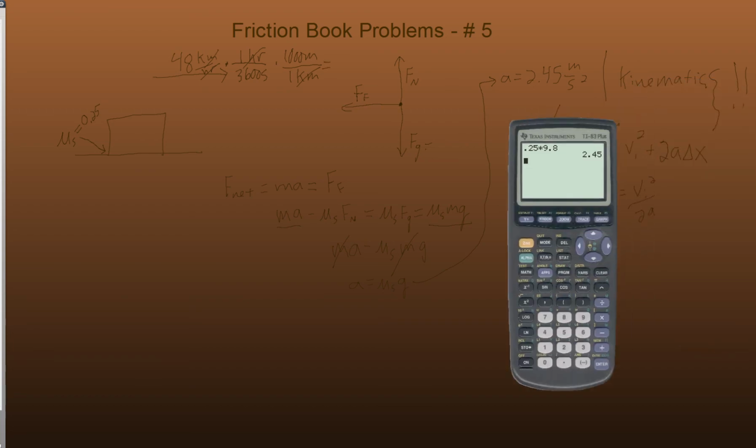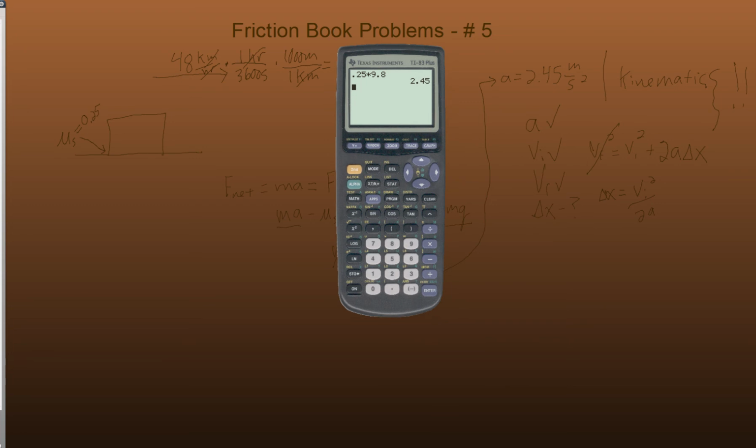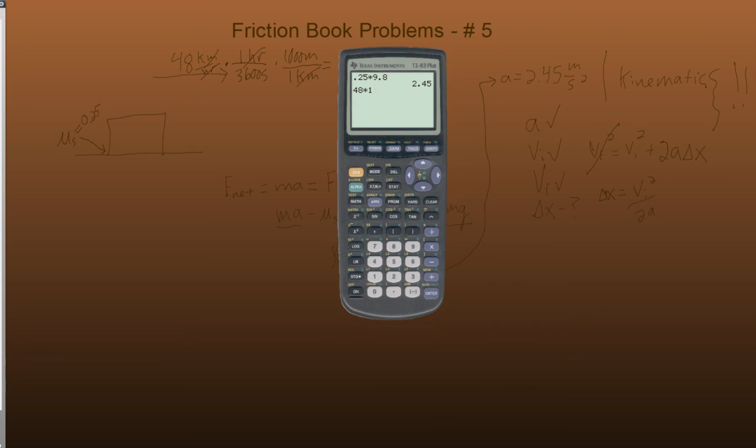Bring over our good old trusty calculator. 48 times 1,000 divided by 3,600 equals 13.3.